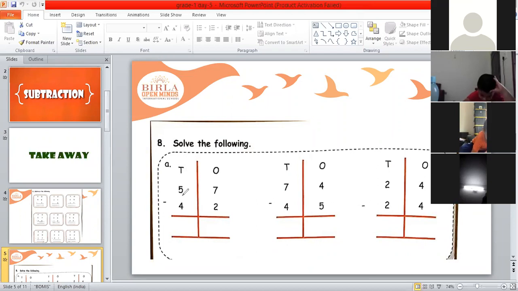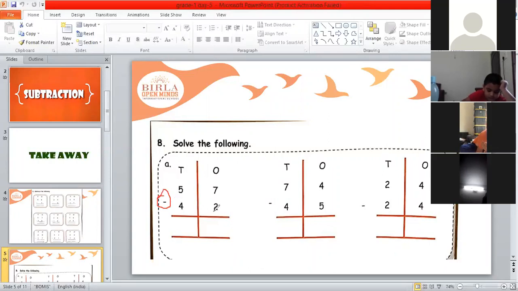Yes, tell me fast. Sudhamsh, you have to read this question. Please read. No, wrong. This is 57 minus 42. Don't forget to read the symbol, children. You have to solve questions with the symbol only.